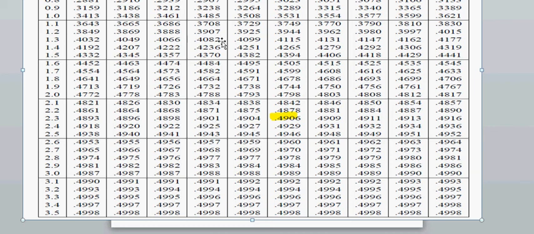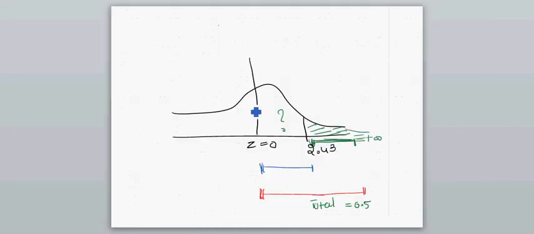This is the value, so 4925, 2.43, so this area value, I'm getting as 0.4925.